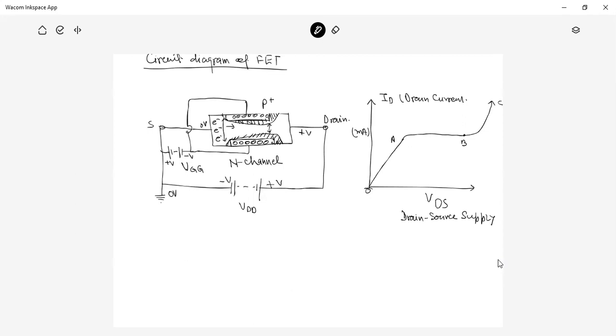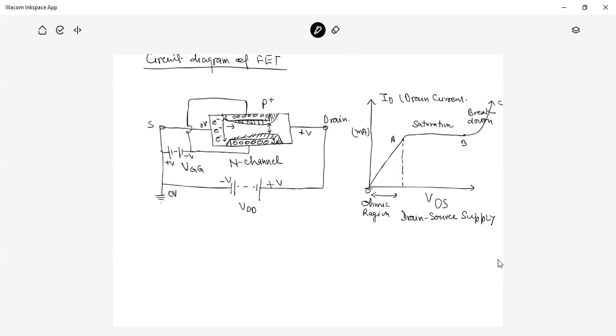So 0 to A, this part is termed the ohmic region. A to B is saturation, and this is the breakdown region.